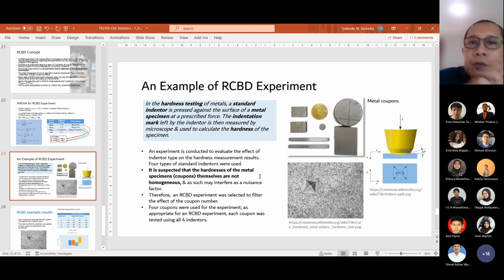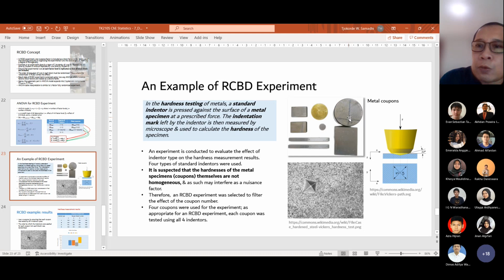So what we do in hardness testing, we typically have these pieces of metal specimens. Ya. Jadi ini adalah istilah statistika Indonesianya benda uji. Test specimens. So these are the samples to which we perform the hardness test.